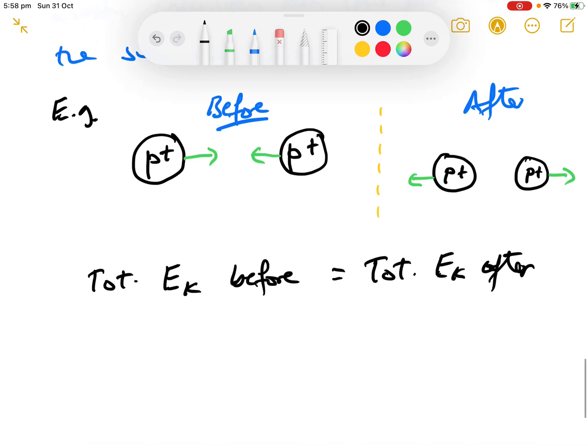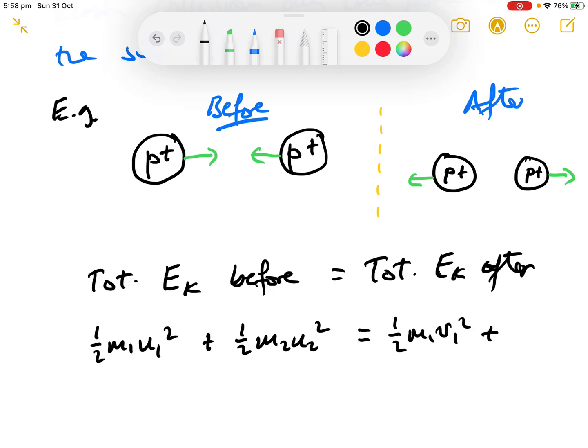You have to actually work out the equations. So you'd have to have a half m1 u1 squared plus a half m2 u2 squared, and check that that adds up to a half m1 v1 squared plus a half m2 v2 squared.